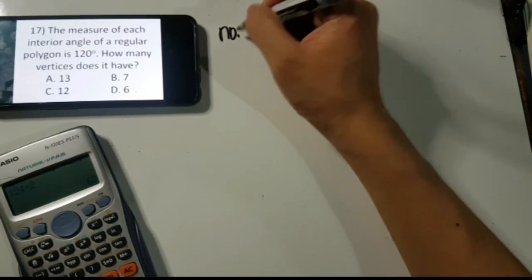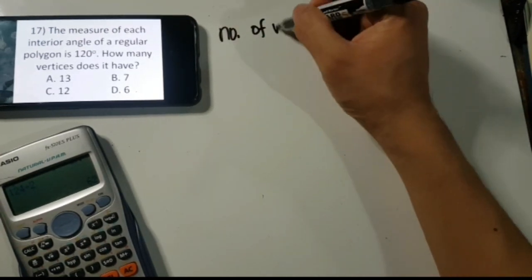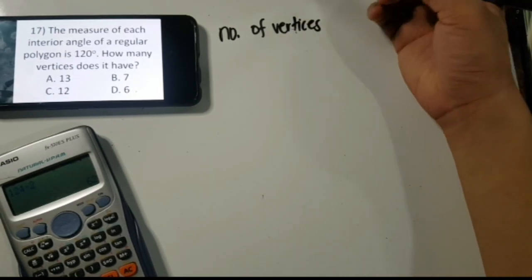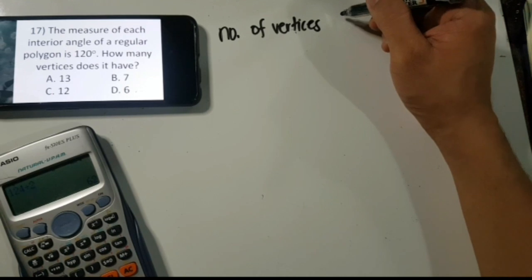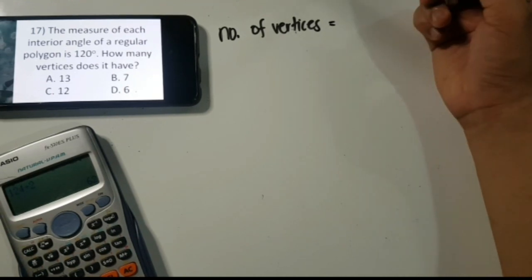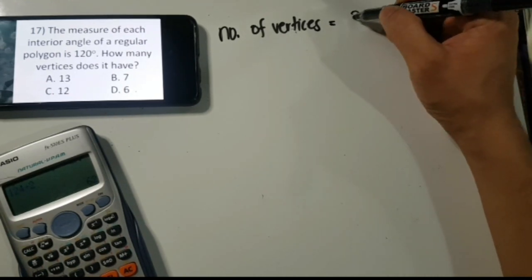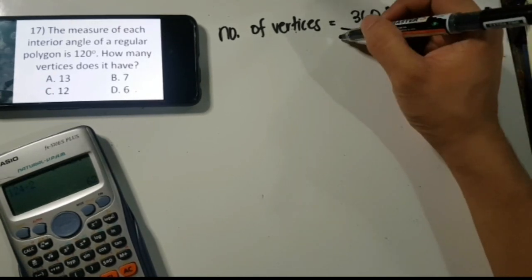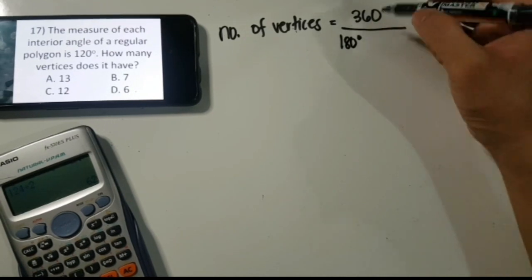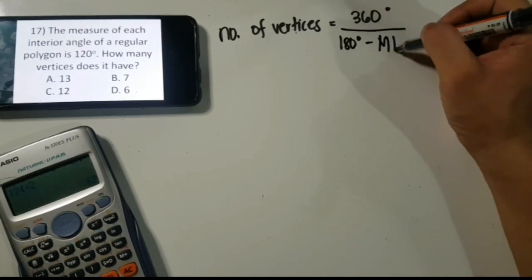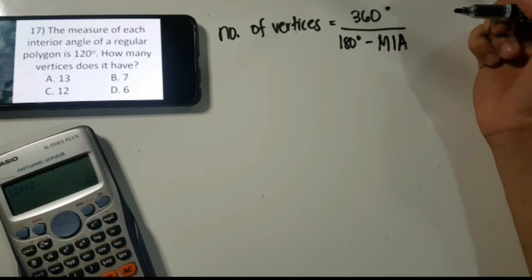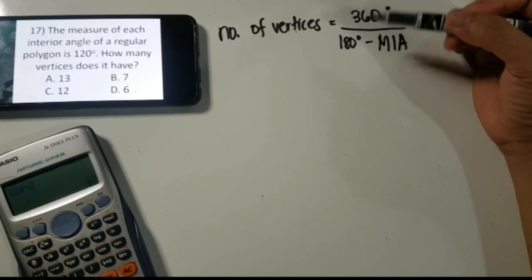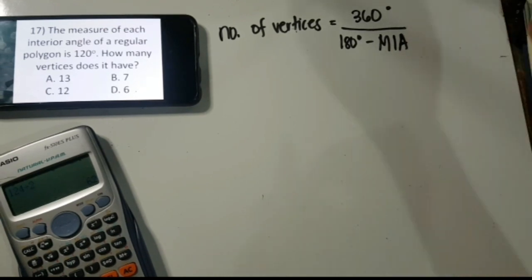So, for number of vertices of a regular polygon, given yung measure of interior angles, that is 360 degrees over 180 degrees minus the measure of interior angles. So, actually may derivation yan.